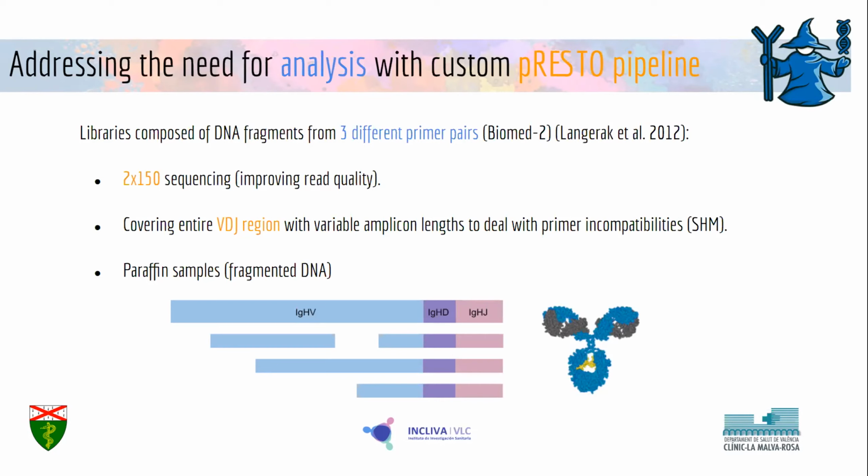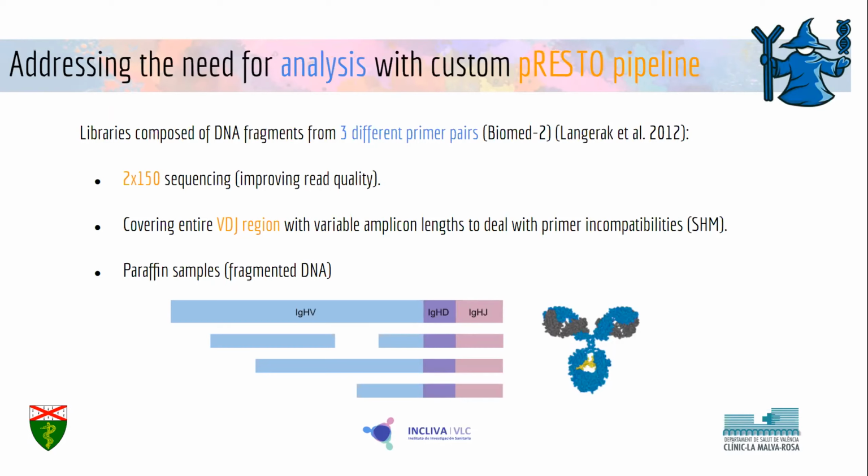And we have done this because we wanted to sequence them using shorter read sequencing, 150 bases per side using Illumina, to improve read quality, and then obtain whole coverage of the region with different amplicon lengths, to overcome the fact that they can be mutated, and sometimes we may not detect those alleles because of the mutation.